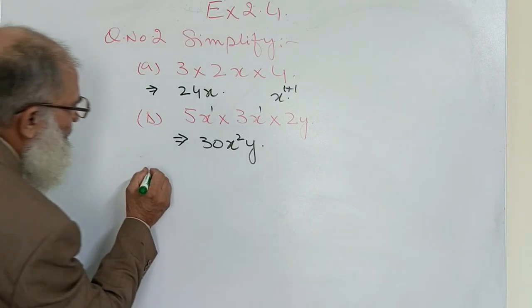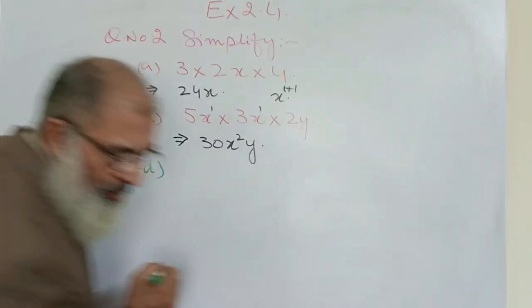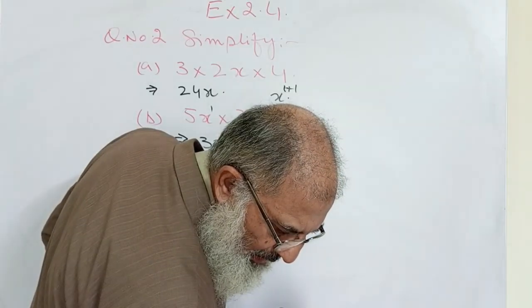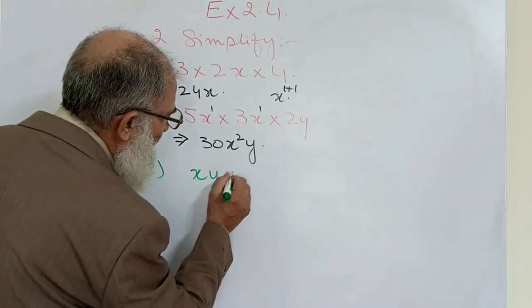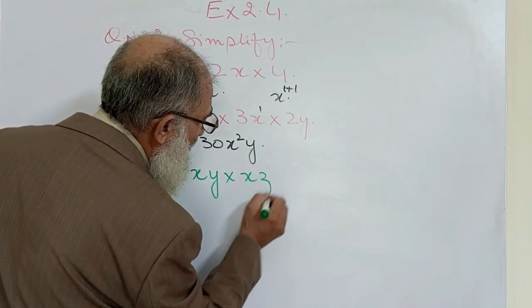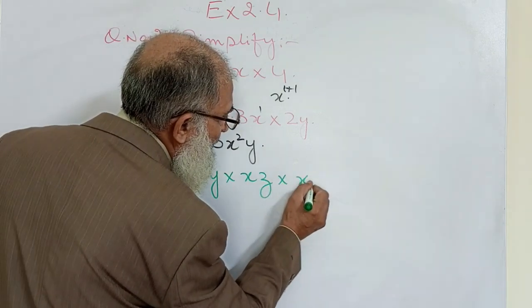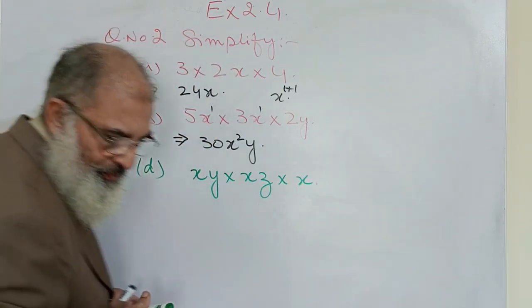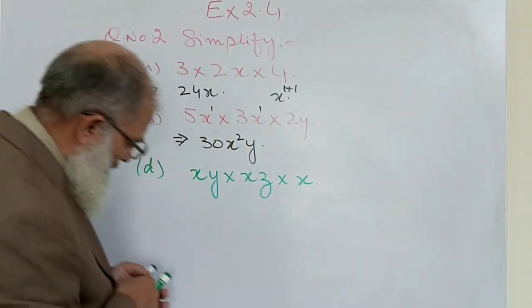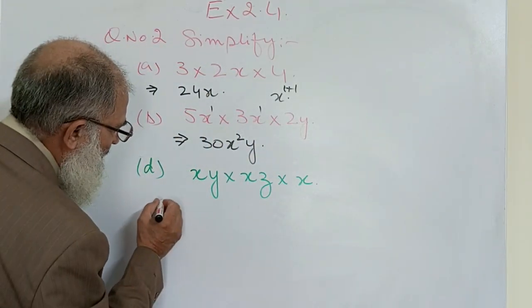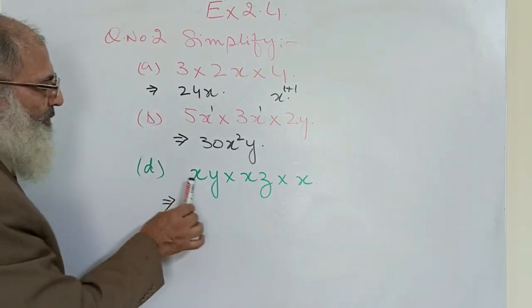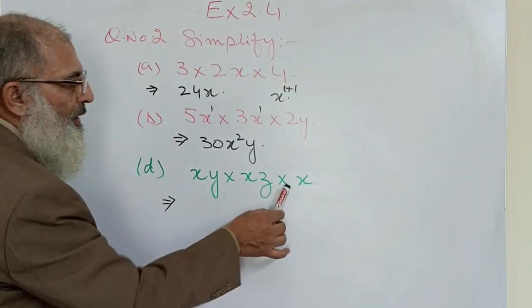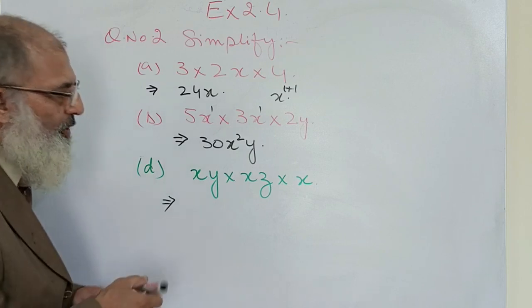Part D is xy multiplied by xz multiplied by x. Very easy again. Now there are no coefficients, and when there is no coefficient written, that means 1 is written over here.